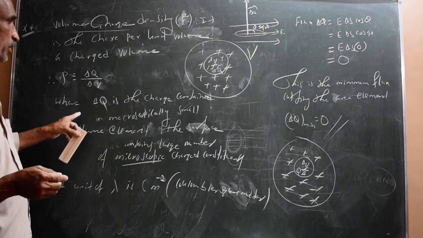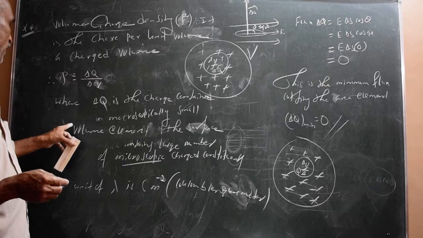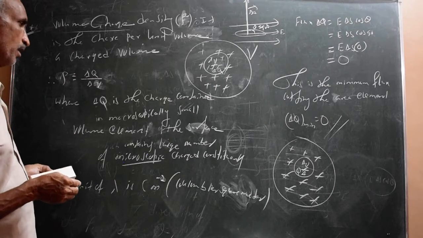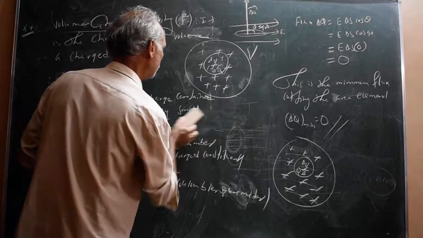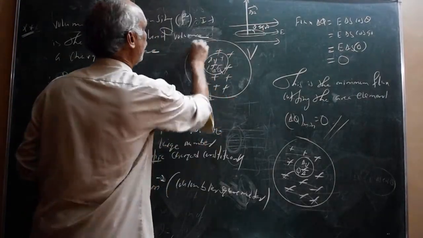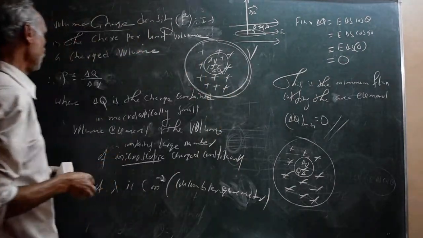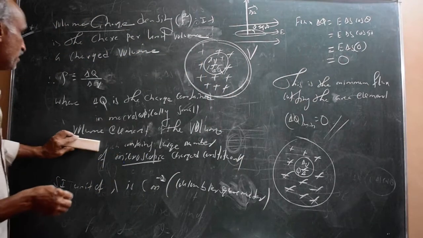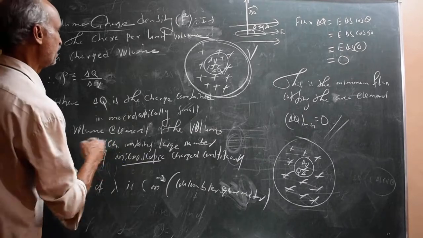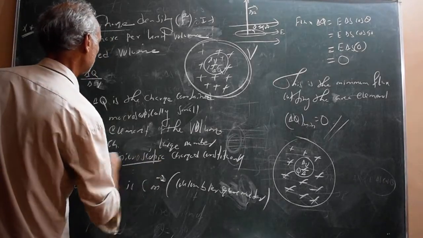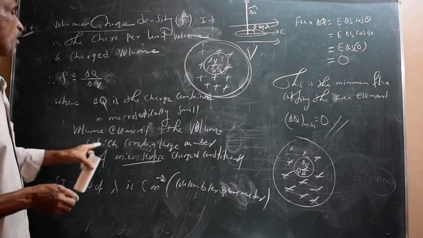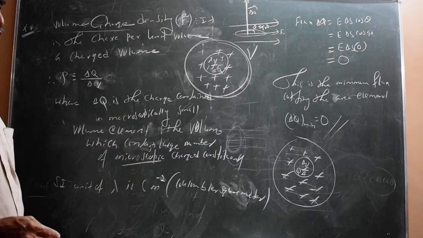So delta Q is the charge contained in a macroscopically small volume element of the volume V, which contains a large number of microscopic charge constituents.